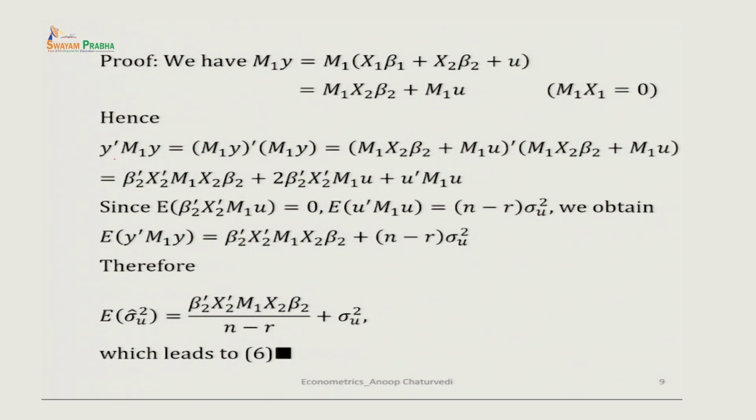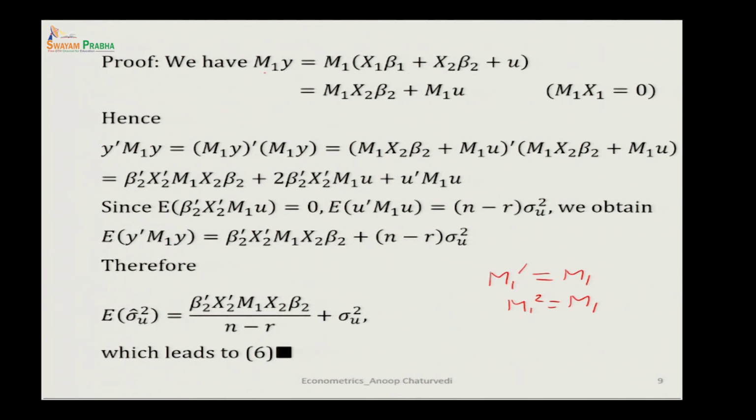So, y transpose m 1 y is equal to, again m 1 is an idempotent matrix and it is symmetric also. So, m 1 transpose is equal to m 1 and m 1 square is equal to m 1. So, you can write y transpose m 1 y as m 1 y transpose m 1 y, and then m 1 y is equal to m 1 x 2 beta 2 plus m 1 u.